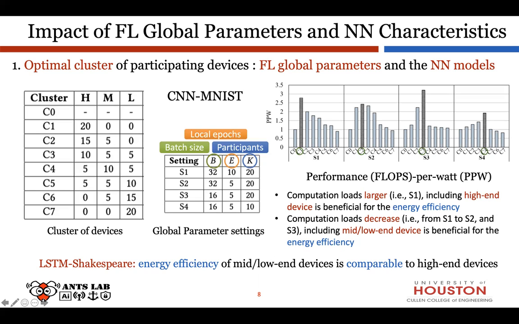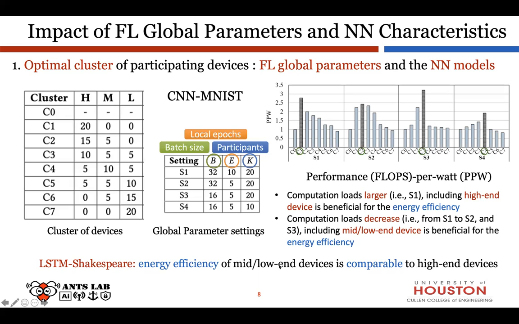No. For example, for the CNN model, if the computing load is large, we prefer some high-end devices. When the computing load decreases, we prefer to include more low-end or mid-end devices in the CNN model. But in this LSTM model, it doesn't matter.